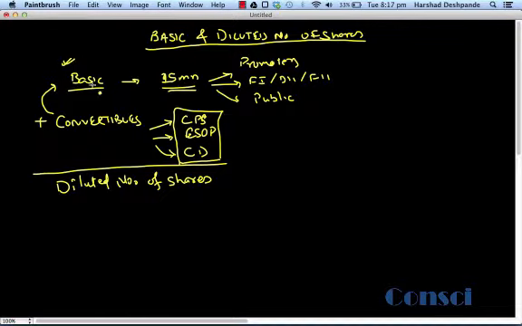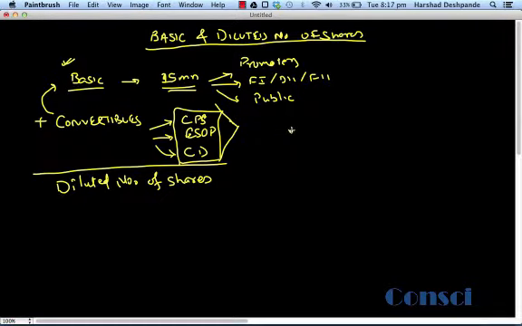So that is the difference between basic and diluted number of shares. Okay, so mostly you would see diluted number of shares also includes the hidden shares, or shares that have been issued but will be converted into actual number of shares at a later date. Okay, so basic plus convertibles is diluted number of shares.